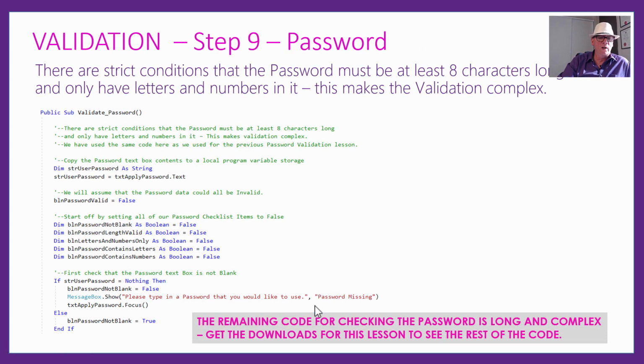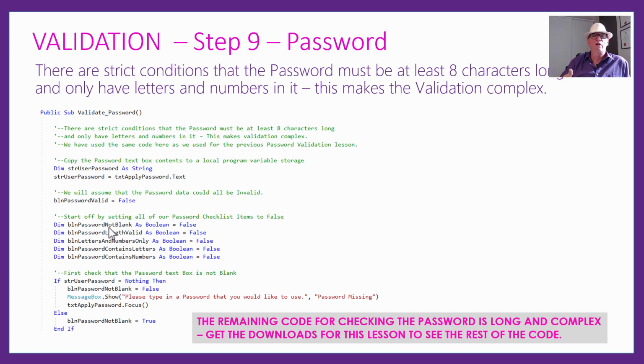All right, now the password is very complicated. We've done that in the Dog Club project, and it would take slides and slides and slides to show you all the code here and go through it. But we've already done that in the validation password entry form previous lesson about the Dandenong Dog Club. So either go back to that lesson, or even better, just get the downloads for this lesson.